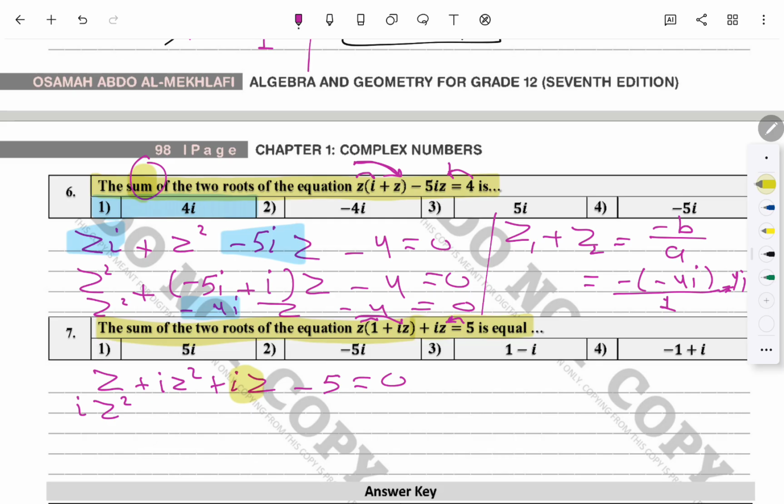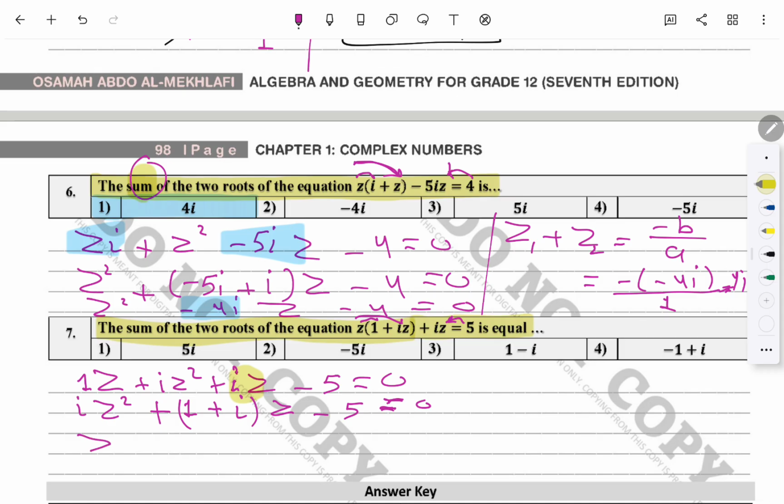You can take the z as a common factor, then you can have 1 plus i together, where 1 is coming from here, plus this i from here, and the z is common, minus 5 equal to 0. Now, he is asking you to find the sum of the two roots.